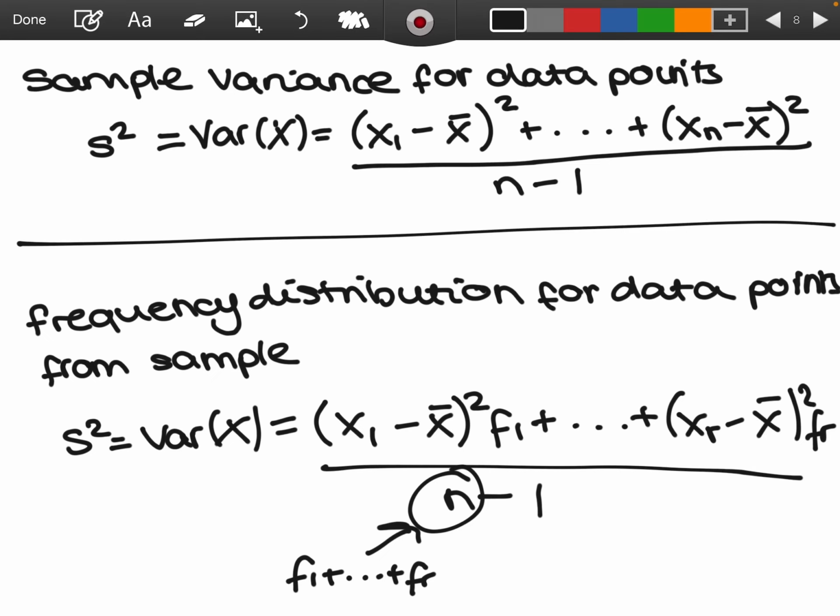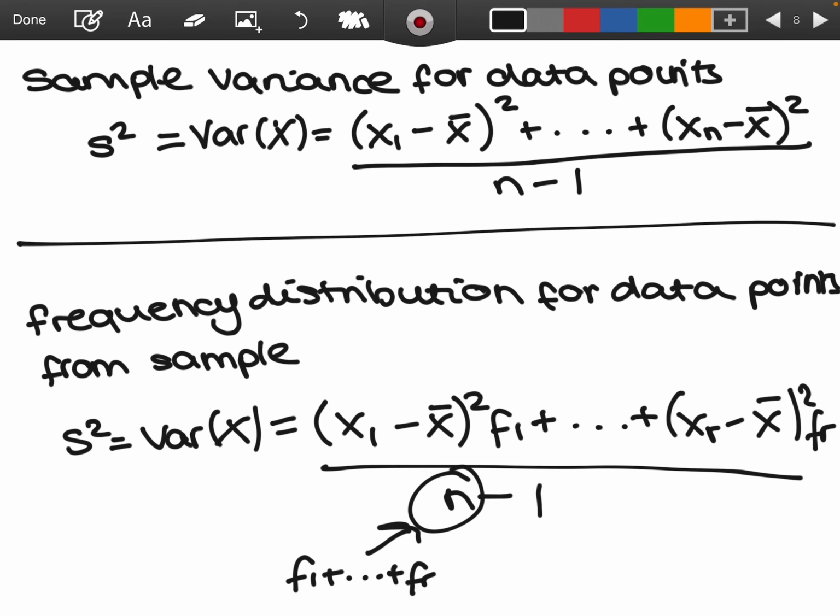There are two different values I want you to look at here: Sx and sigma x. Your calculator will figure out both a standard deviation for if you're looking at a sample and a standard deviation for if you're looking at a population. If you are looking at a population, read off the standard deviation under sigma x. If you're looking at a sample, read off the standard deviation for Sx.